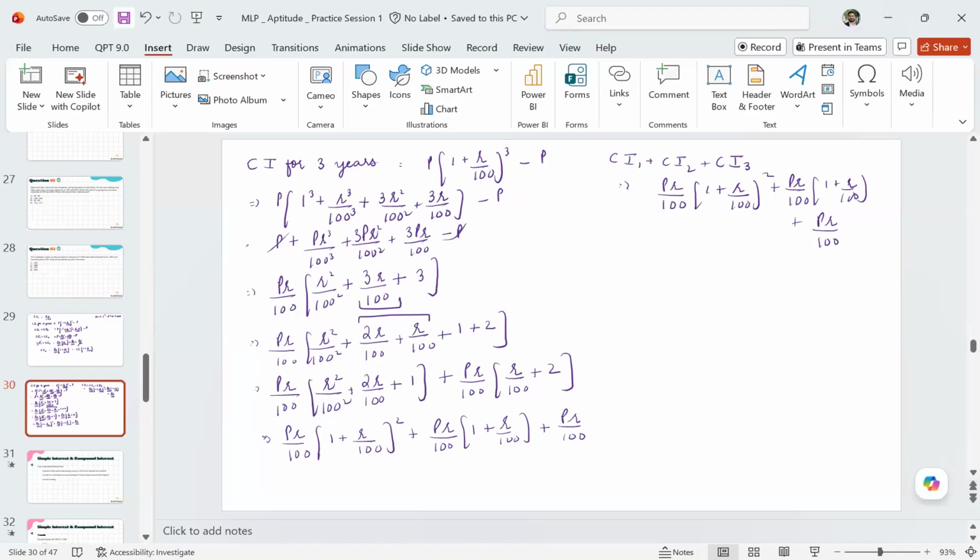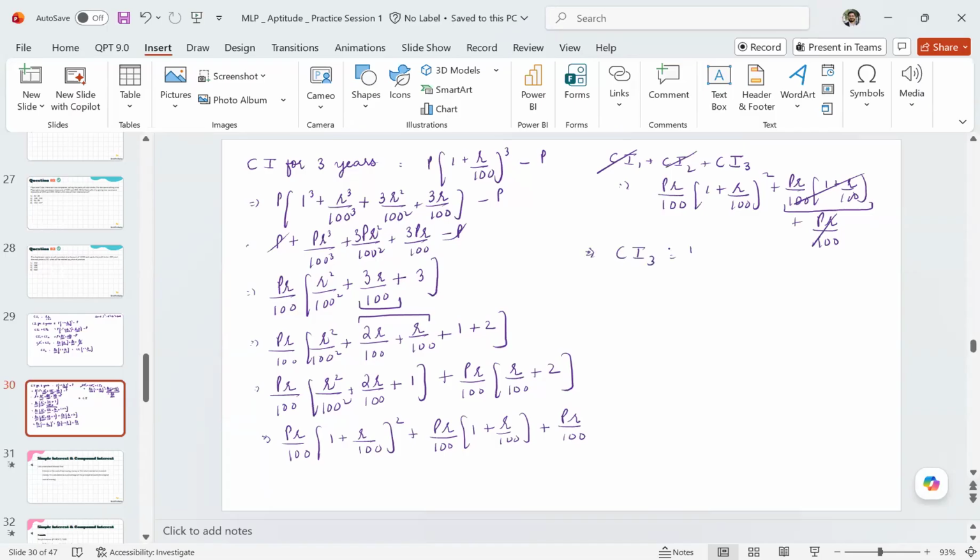Now tell me something. PR upon 100 is CI1. This is CI1 into (1 plus R upon 100). In the previous formula, we derived that this equals CI2. Cancelled.